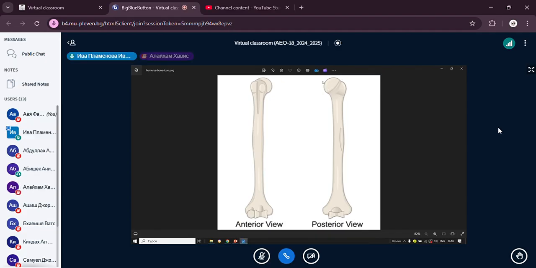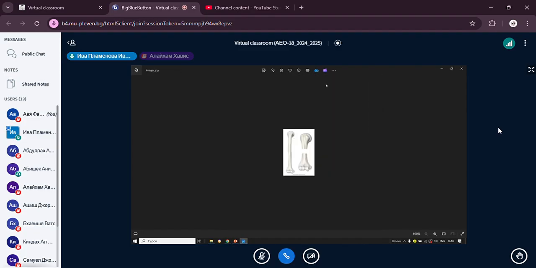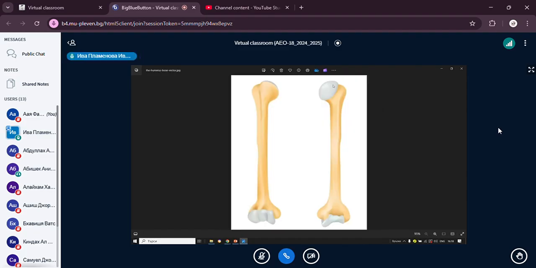No. Each long bone has a proximal part, which is mainly the head, a distal part, and a body. So this rounded thing here is the head.